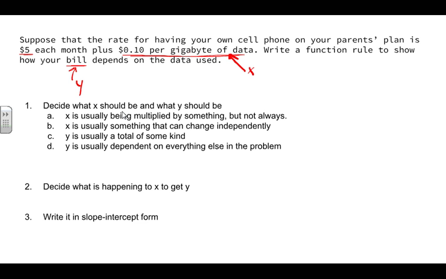All right, so now that we've identified our x and our y, we have to decide what math is happening to each thing. And then we're going to write it in slope-intercept form. Since we know that the bill is y, and slope-intercept form is y equals mx plus b, the bill is just y.